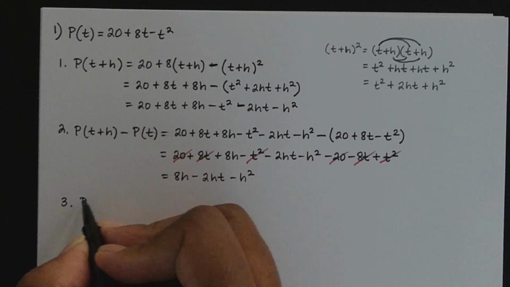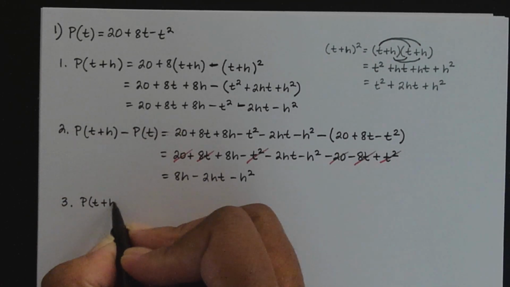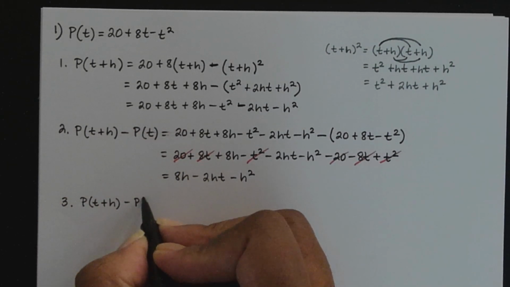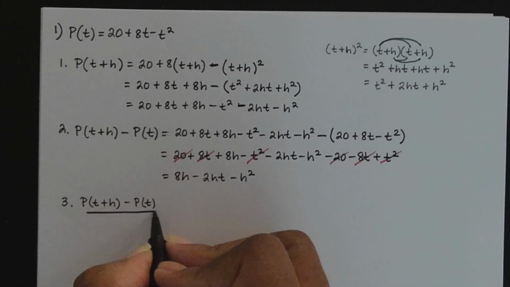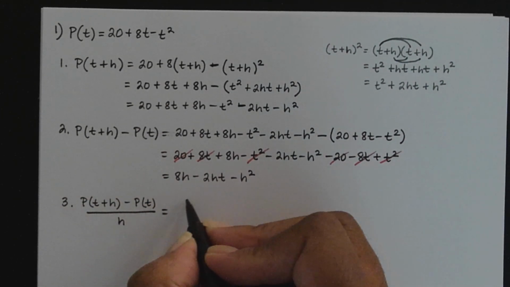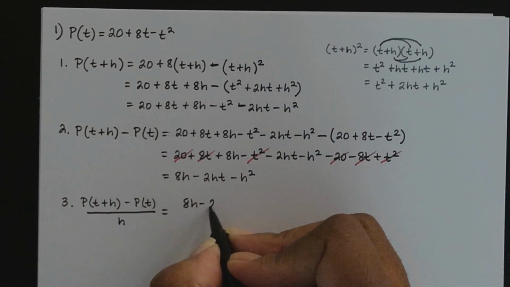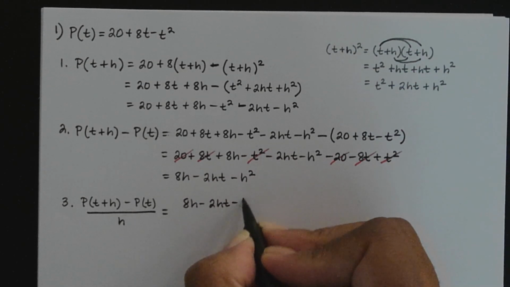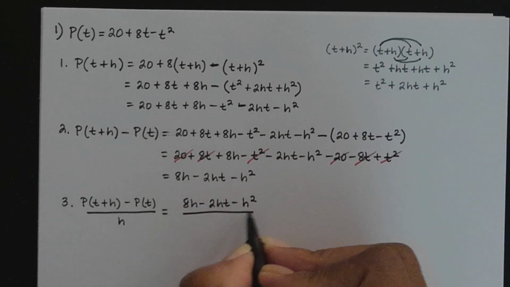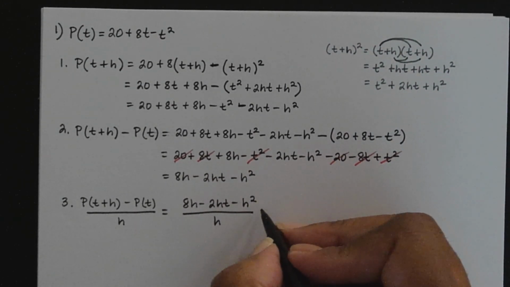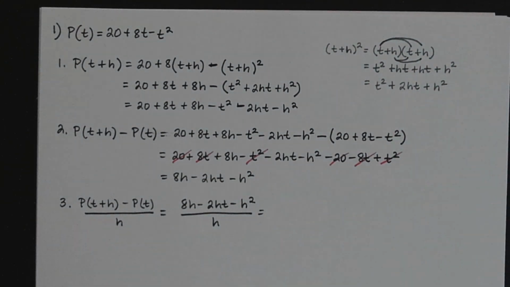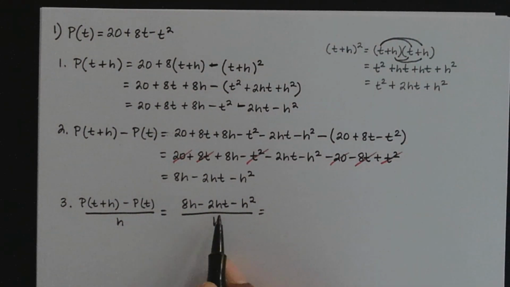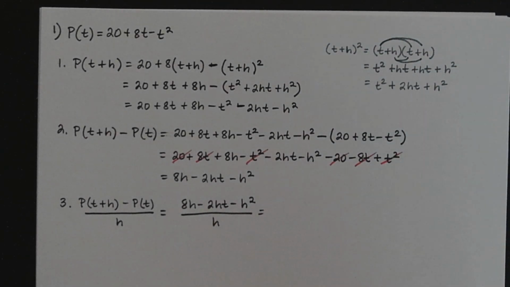Then step 3 is taking that previous answer, divide that by H. So here we got 8H minus 2HT minus H squared. All that will be divided by H. And then we factor out the H, okay?